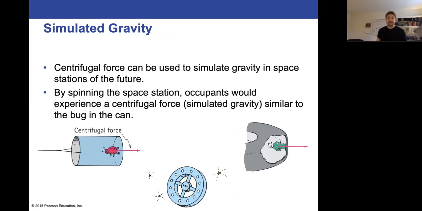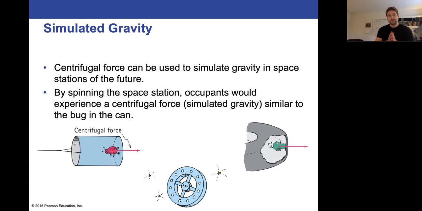We could use this effect because the bug can't really tell any difference between standing on the bottom of the can, like when the can is upright, set on the desk, and gravity making the contact between the bug's feet and the bottom of the can, or being spun in a circle and the centrifugal force making that contact between the bug's feet and the bottom of the can.